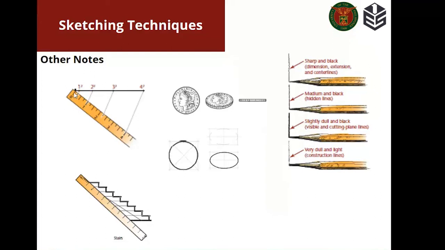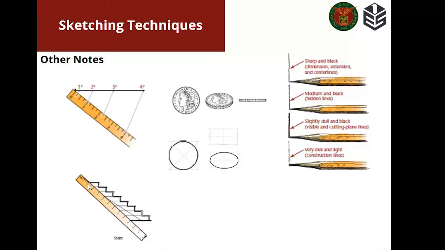When you're using a ruler, you could divide the line by using the marks of your ruler. So for example, if you want to divide these stairs into an equal number of steps, you could use your ruler actually.